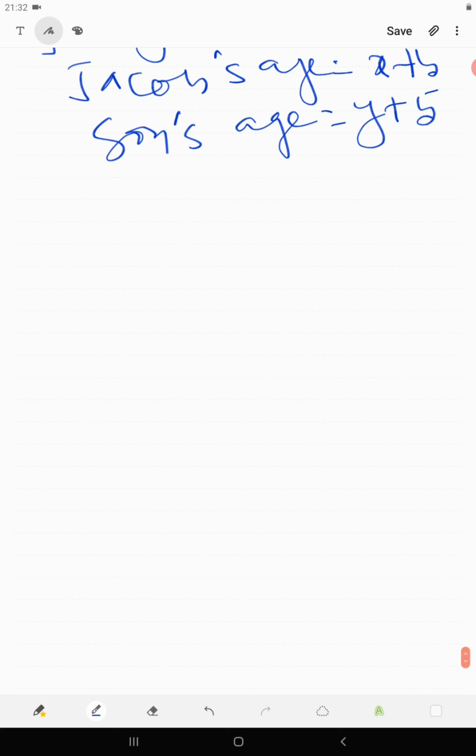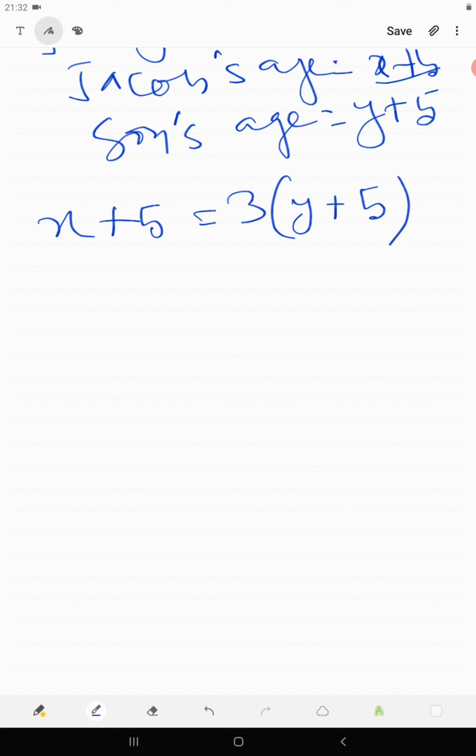Now the next part: the age of Jacob will be, the verb, will be equal to 3 times that of his son. The age of Jacob after 5 years is x plus 5, correct? Will be equal to 3 times the son's. See how easy it is. So x plus 5 equals 3 times (y plus 5), that is 3y plus 15.